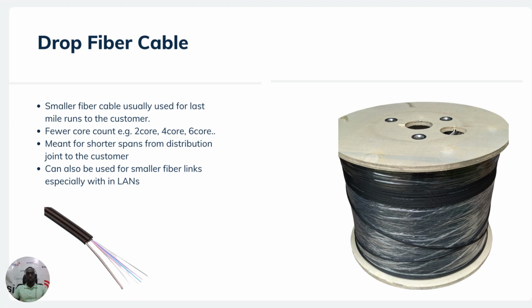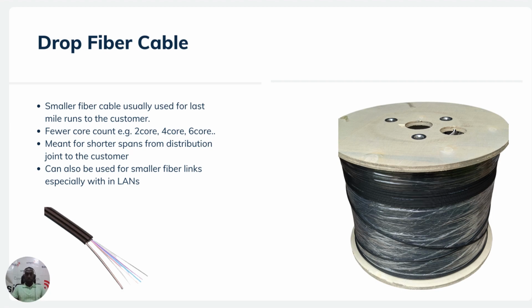So you typically find that drop cable moves from the pole into the house so that you are able to terminate or provision customers that are receiving internet services over fiber optic. Typically, drop cable comes in core counts of 2 core, 4 core, 6 core, as opposed to the other bigger core cables, which may start from 6 core up to probably 144 or even more cores.